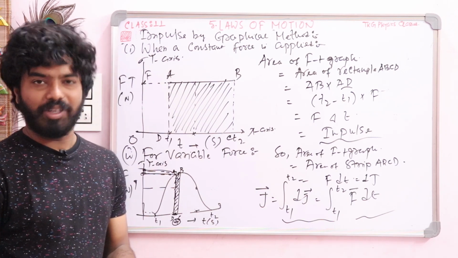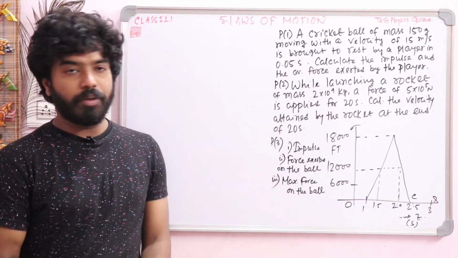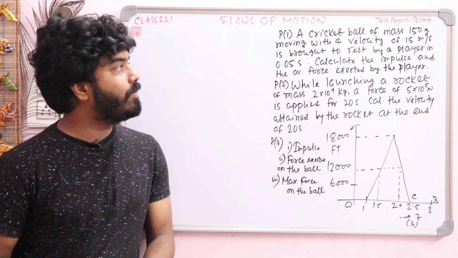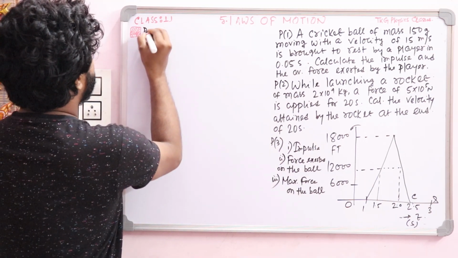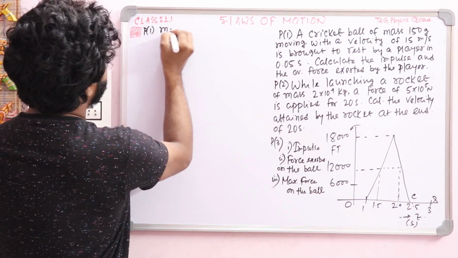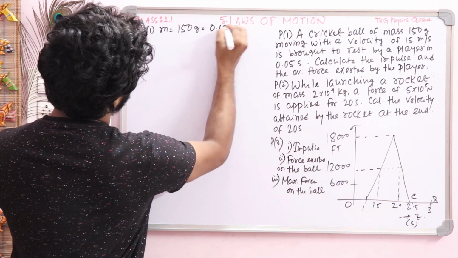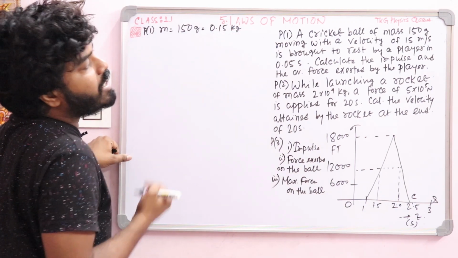Now we will solve some numericals, students. Now see problem 1. In problem 1, given a cricket ball of mass 150 gram, write it, the first value given is mass. So mass is 150 grams, convert it to kg, so this will be 0.15 kg, moving with a velocity of 15 meter per second.